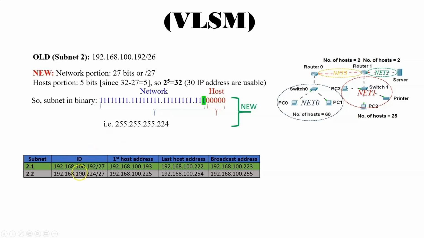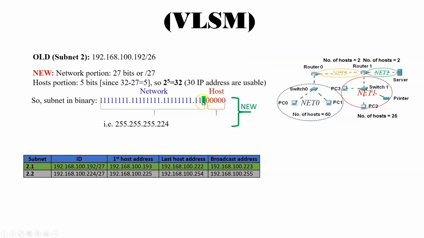All right. So the first one is 192.168.100.192. How do we get this 192? It is 1 1 0 and then 0 0 0 0 0, so that is 192. That is the network address of the first subnet, when the 27th bit is 0.